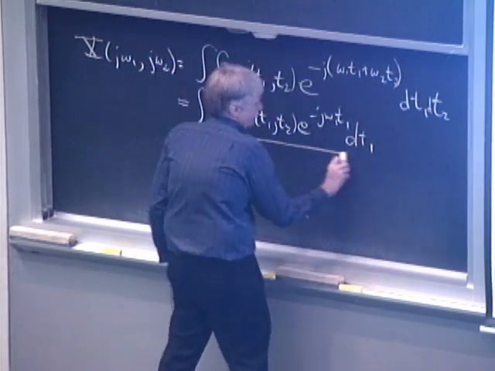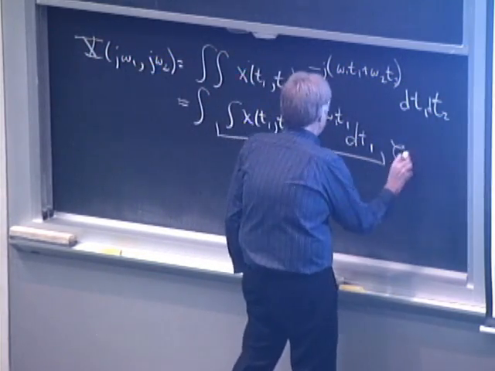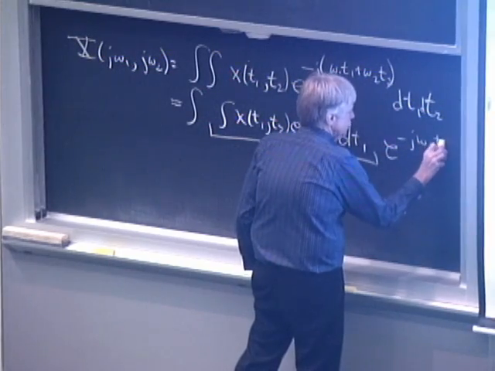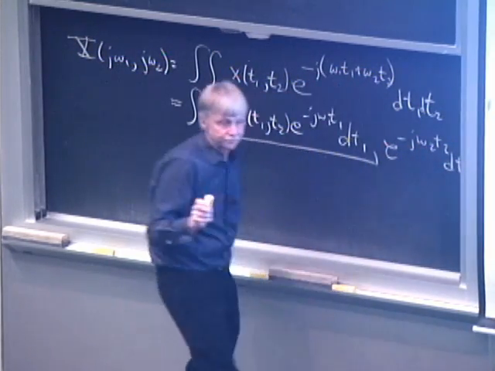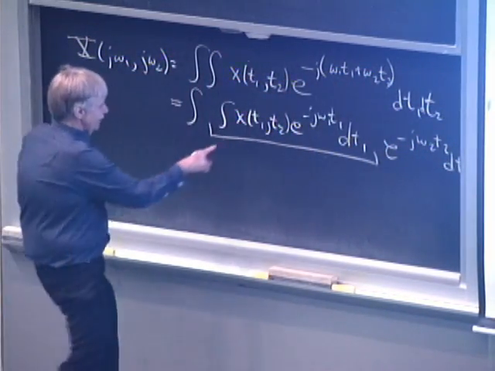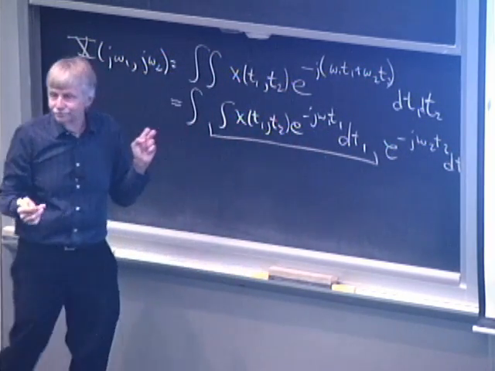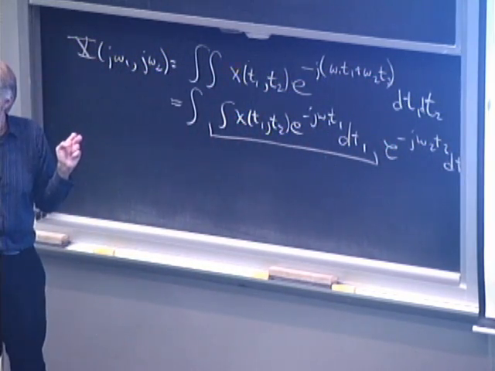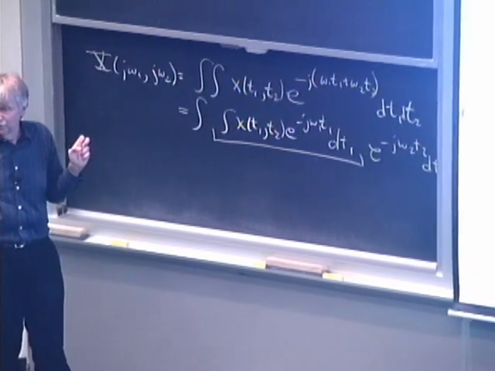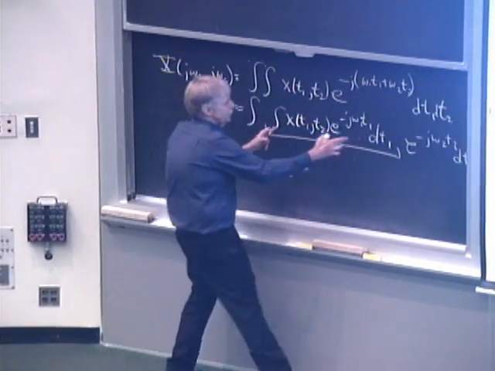Then I can integrate that with e to the minus j omega 2 t2, dt2. This is the integral over the t1 variable. So if I think about doing the transform in steps, this is the inner integral.